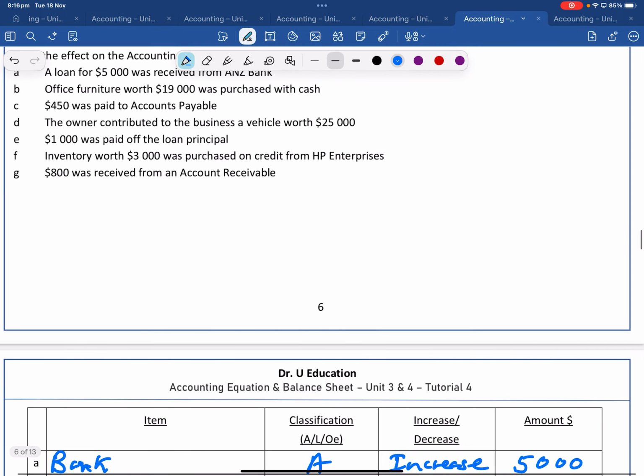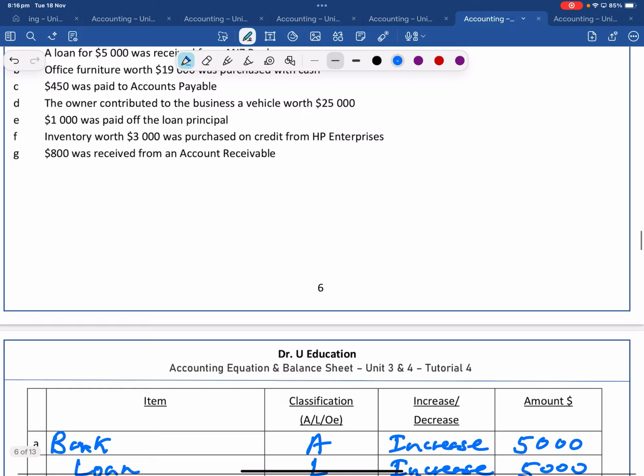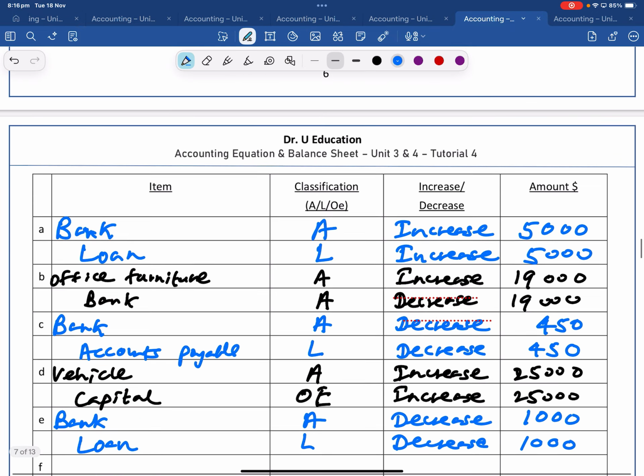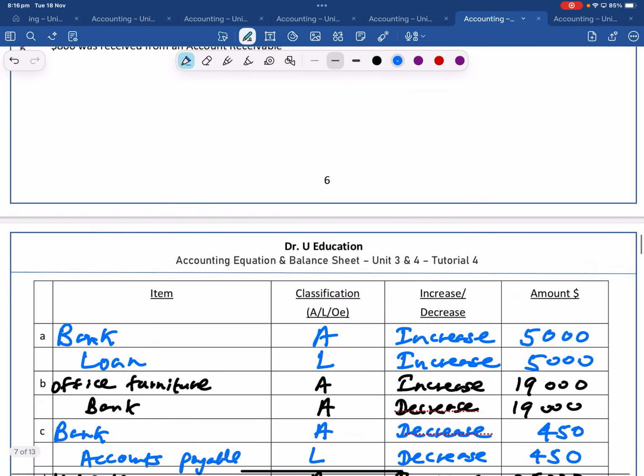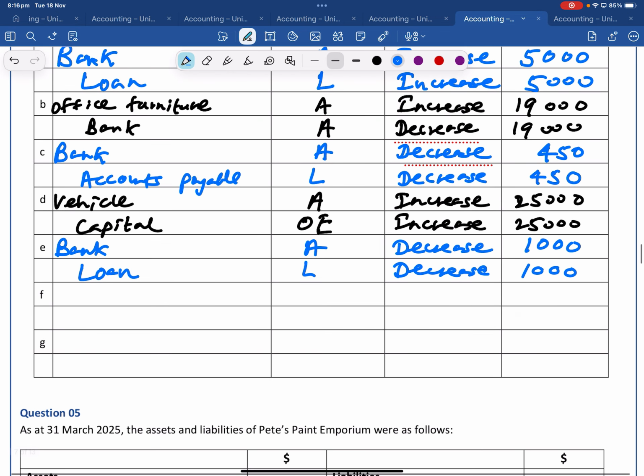Next one. Inventory worth 3,000 was purchased on credit from HP Enterprise. What do we do? What happens to the inventory? Increase. Asset. And what's the other item affected?